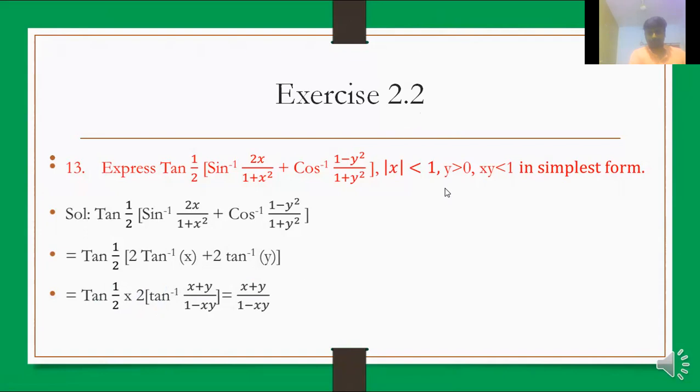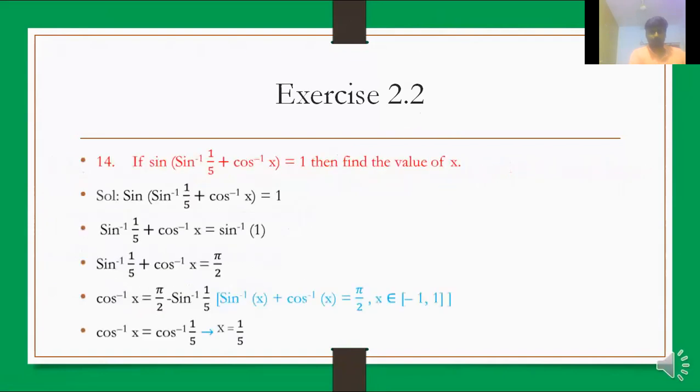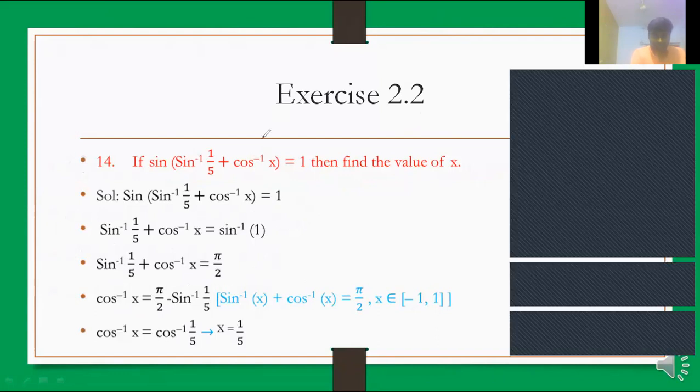Now let us go for the next problem. See, sine inverse of 1 by 5 plus cos inverse of x. Here it's very simple. We can solve this logically in an objective manner. What do you have outside? Sine, and inside we have something.